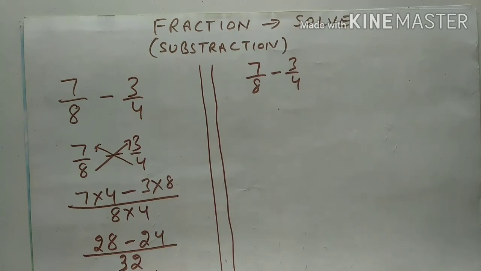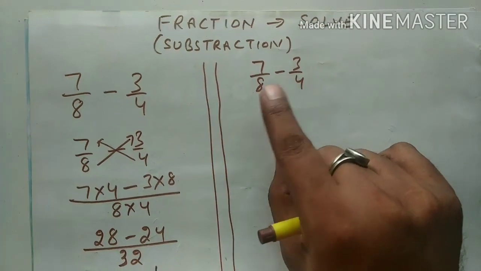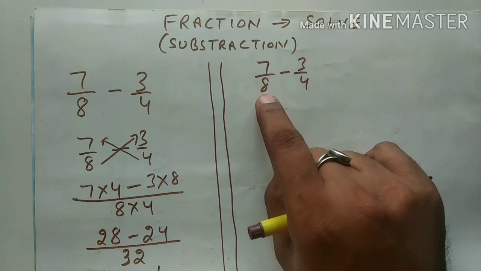See that 8 is exactly divisible by 4 because 4 ones are 4 and 4 twos are 8. So in this case the LCM is the greater number. Okay, so which is the greater number? 8. When one number divides the other number exactly, then the greater number is the LCM.